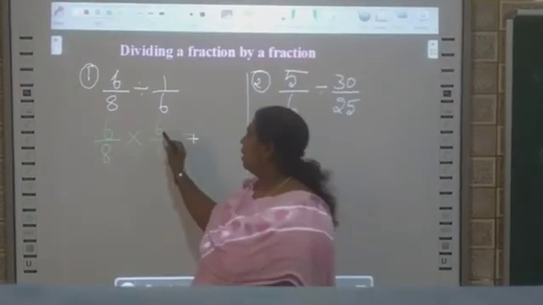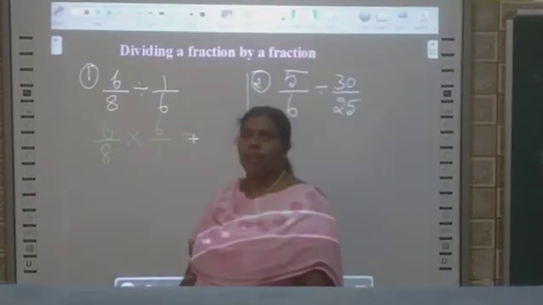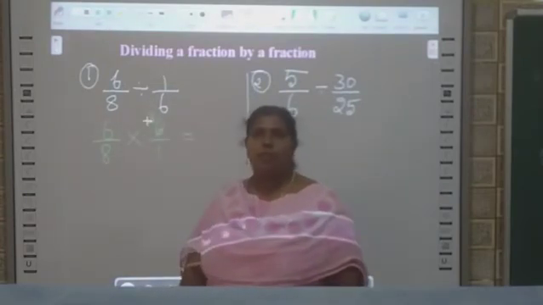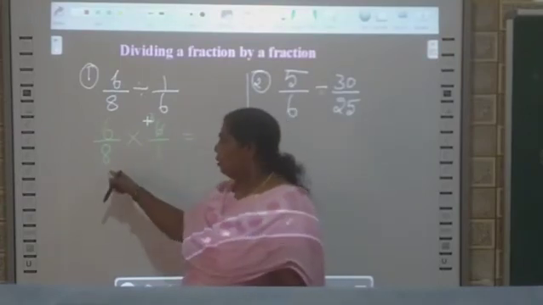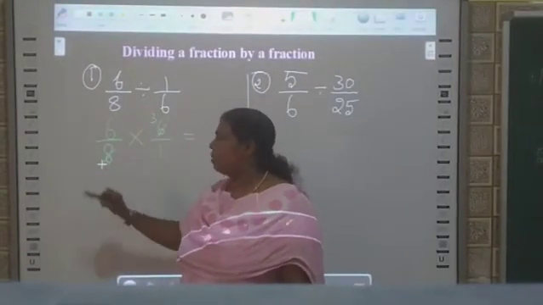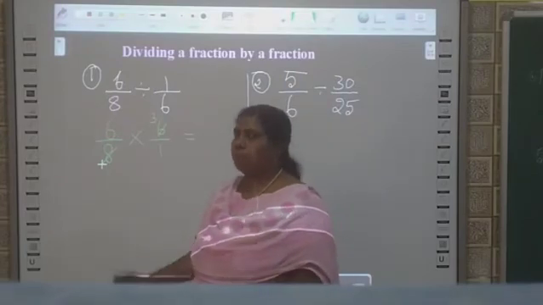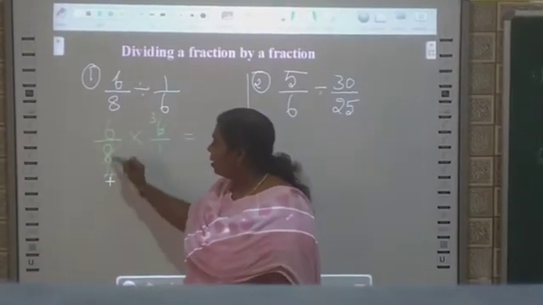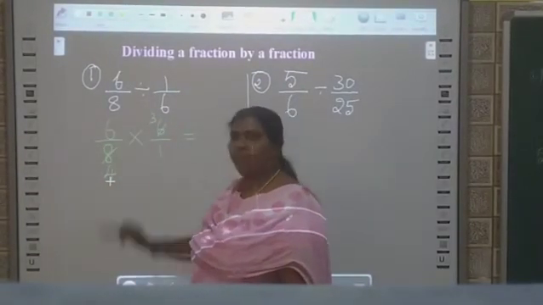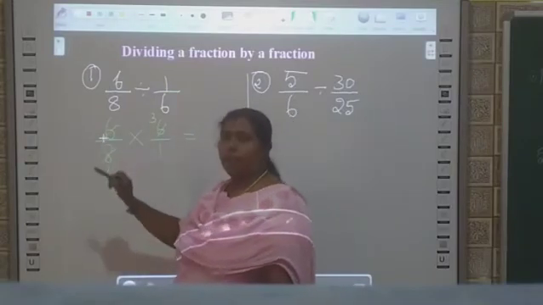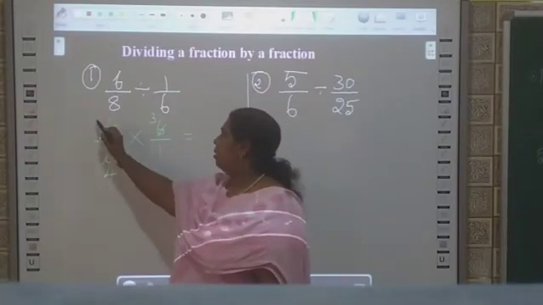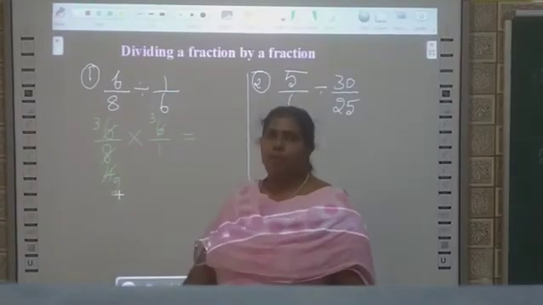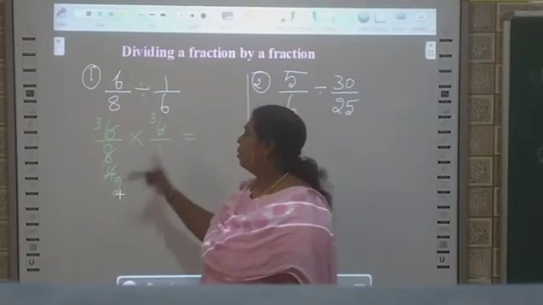Yes, we can, because here 6, here 8. So we use the second table. 3 times 2 are 6, and 4 times 2 are 8. Then again we can reduce these two numbers, here 6, here 4. 3 times 2 are 6, 2 times 2 are 4. Any other possibilities? No, right?